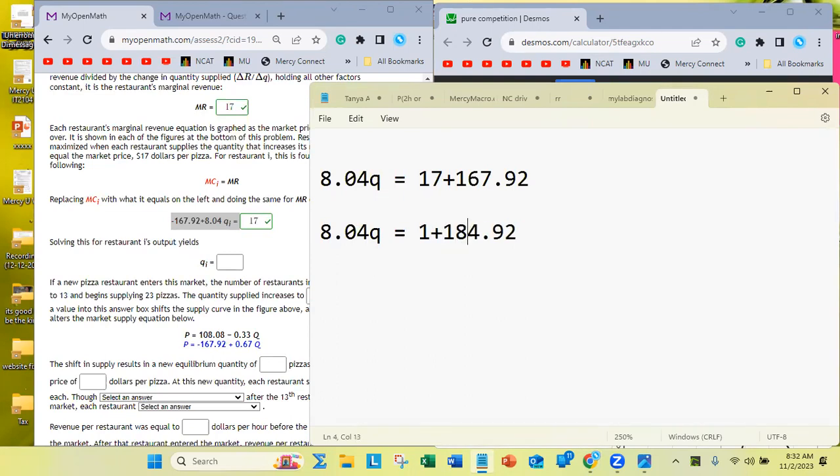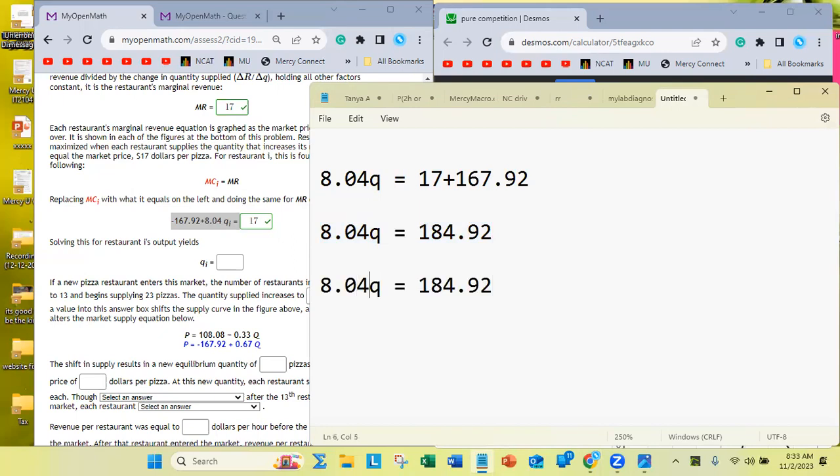I carried the 1, so 8. Now, the way to think about this is it's almost 20, so I'm increasing this by almost 20. If I increase it by 20, I get 187. But remember, I increased it by almost 20, so this is a little smaller than 187.